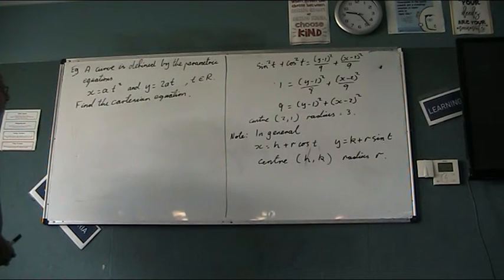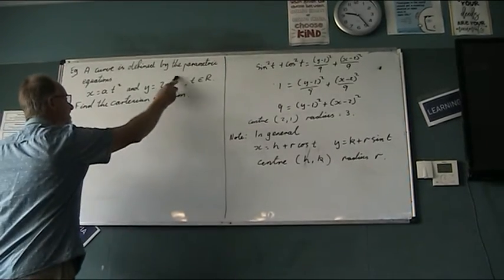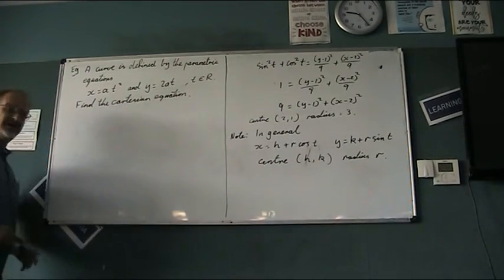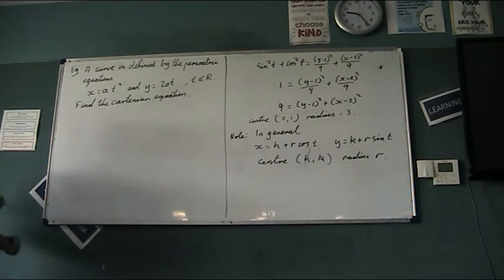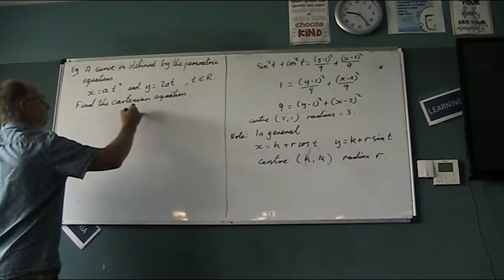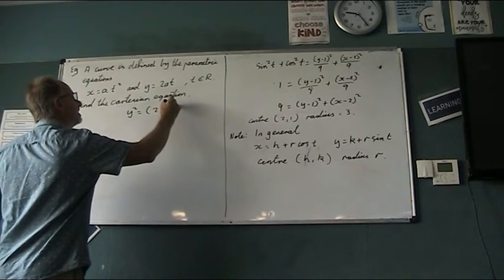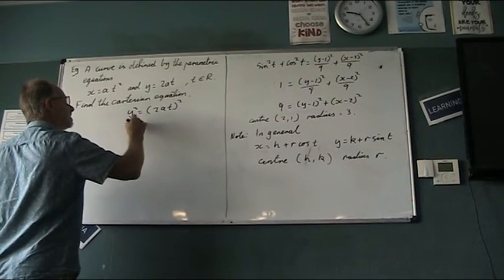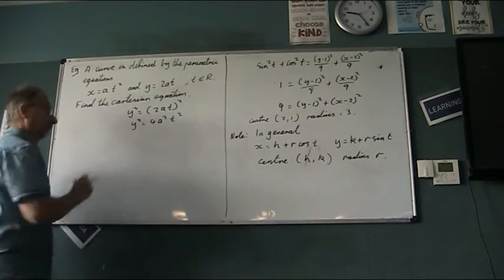So what could we do? Could we change this one so that it gets a t squared in it? Square the y. Alright, so if we square the y, we go y squared equals 2at squared, so y squared would be 4a squared t squared.